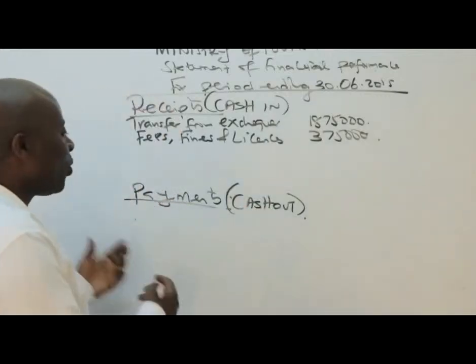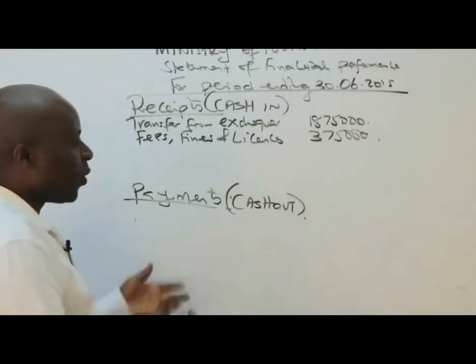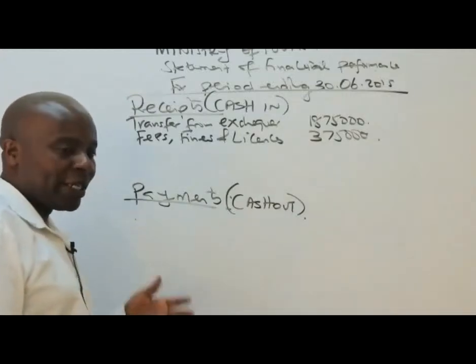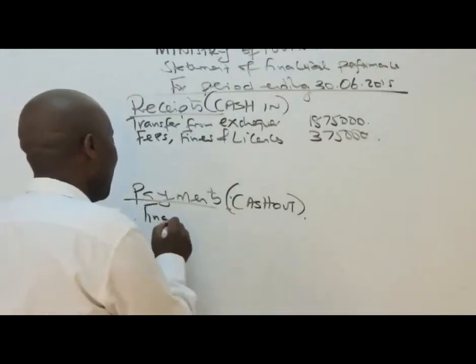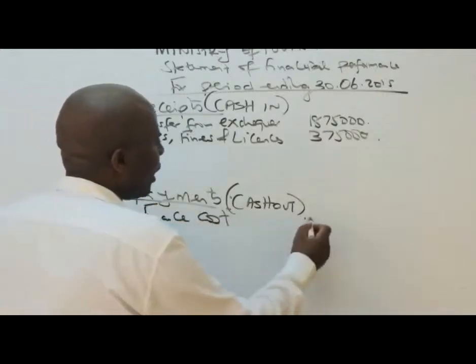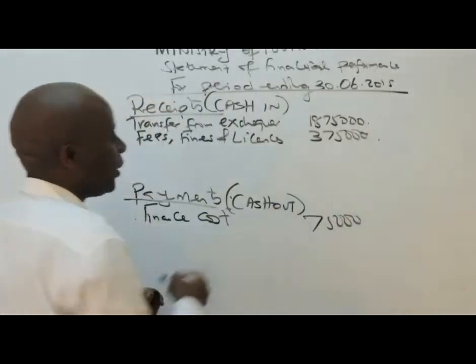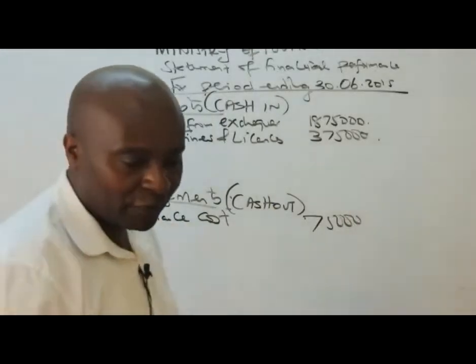Great, because you know it's the government that borrowed. They borrowed from the Chinese government and now they're required to pay. It's finance cost, so finance cost is a payment. How much? It is 75,000.